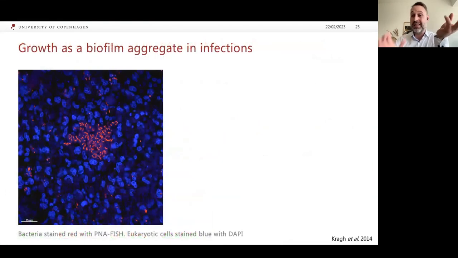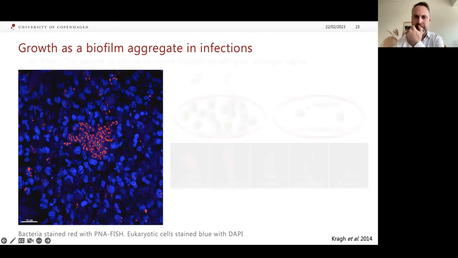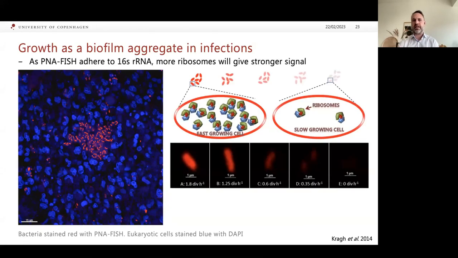We are really interested in the metabolism in infections because it can have something to do with how effective our treatments are. What we did all the way back in my master thesis was work on these aggregates in cystic fibrosis patients, using PNA FISH probes.